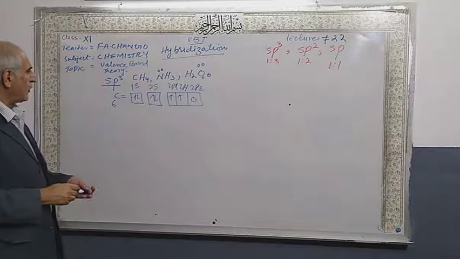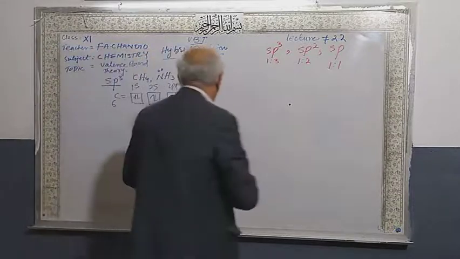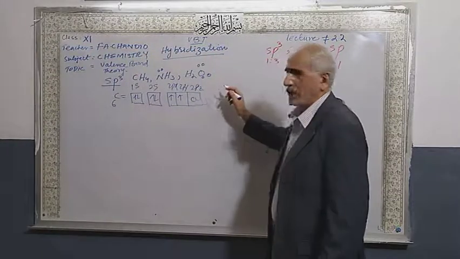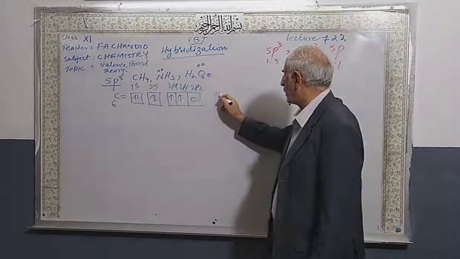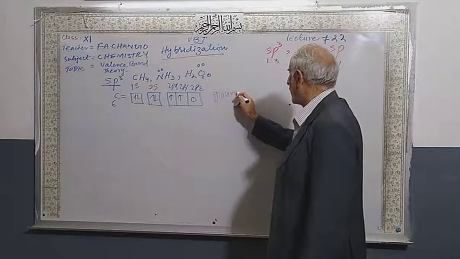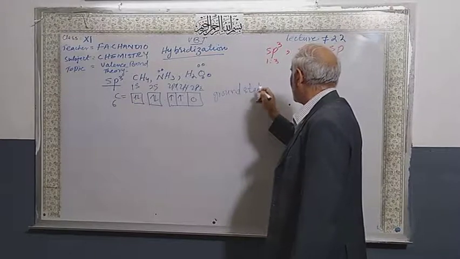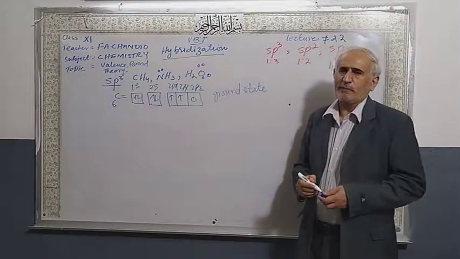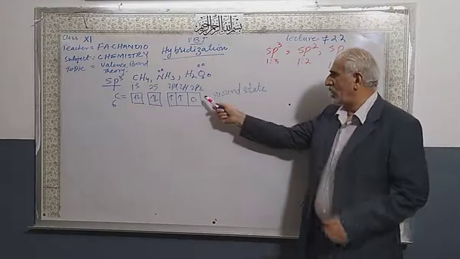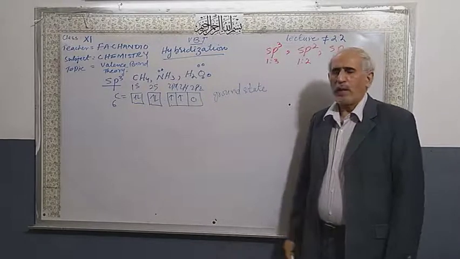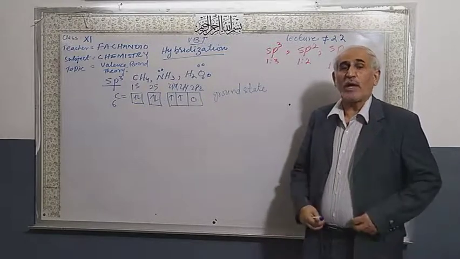This is the electronic configuration of carbon, and this is the actual electronic configuration, which we call the ground state. This is called the ground state. And this will not help us to form the tetravalency of carbon.